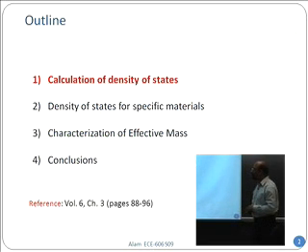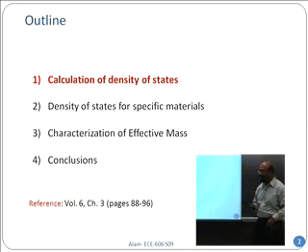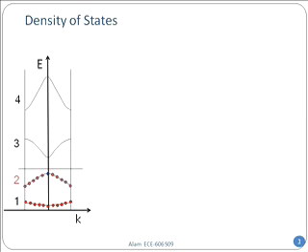So we'll talk about calculation of density of electronic states and then give examples. I'll again talk a little bit about characterization of effective masses, putting a magnetic field in and letting the electrons swing around a little bit, but this time for a more complicated material, for silicon or germanium, and then I will end.